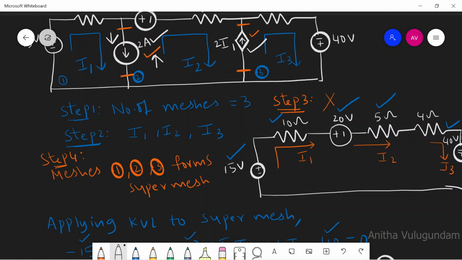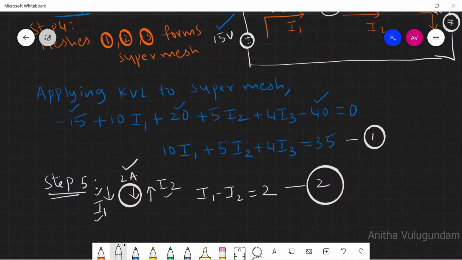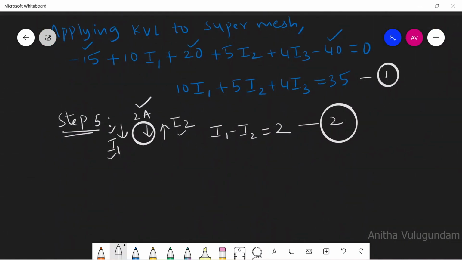This is also a current source. We can write the current equation for this source. This is a dependent current source, and the same concept is applied even to dependent sources.